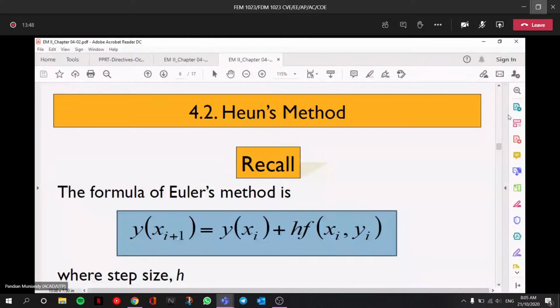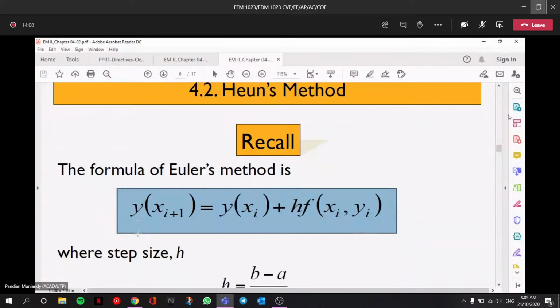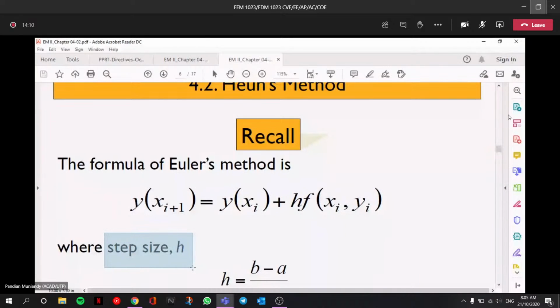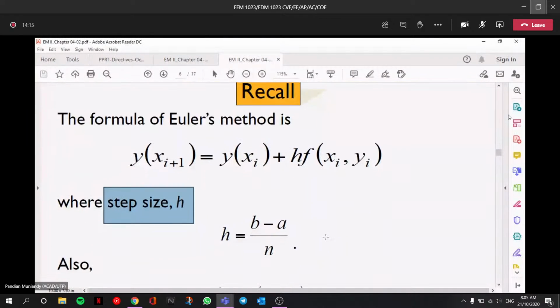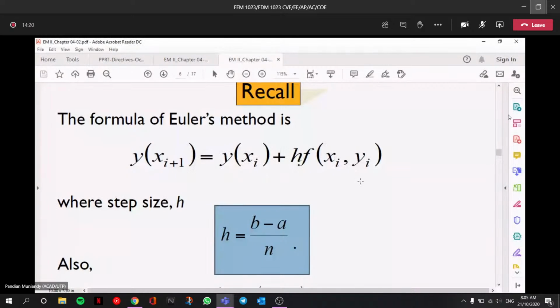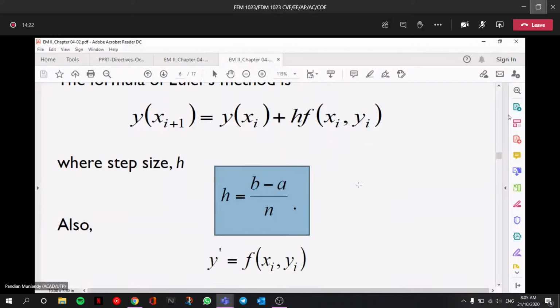So y(x_1) equals y(x_0) plus h f(x_0, y_0). So you are calculating the output y for the next i or next x, where the step size is h. This step size you already knew from the previous lecture, h equals (b minus a) over n.